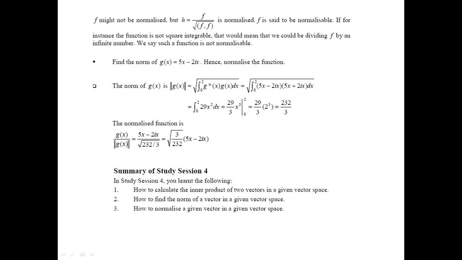The normalized function is therefore g of x over norm of g of x, which is 5x minus 2ix over square root of 232 over 3, which is square root of 3 over 232, times (5x minus 2ix).